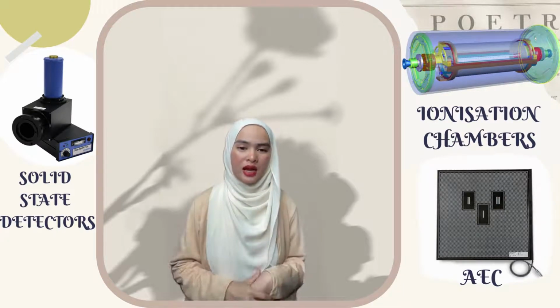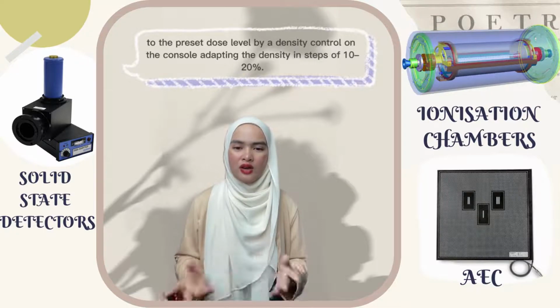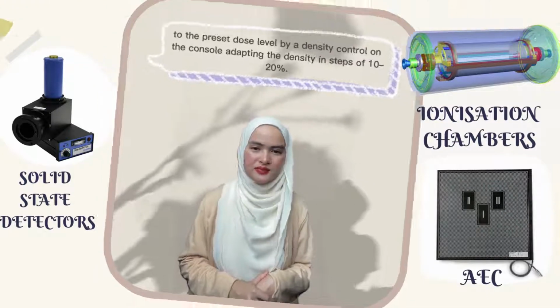Some products allow for fine manual adjustment of the preset dose level by a density control on the console, adapting the density in steps of 10 to 20%.